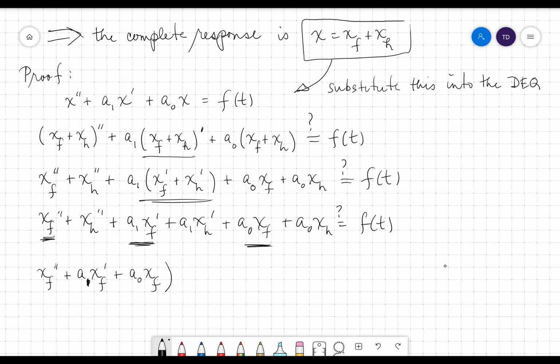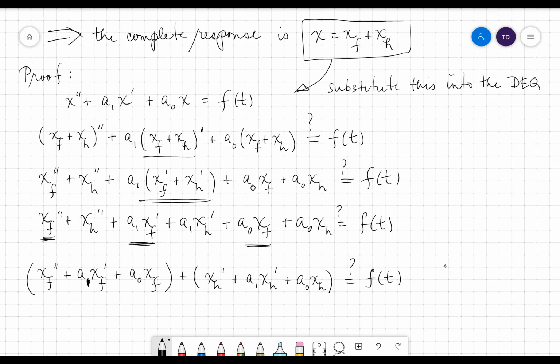I'm just going to group those, plus I'm going to group the other three: xH'' + a1 xH' + a0 xH. Is that equal to f(t)?